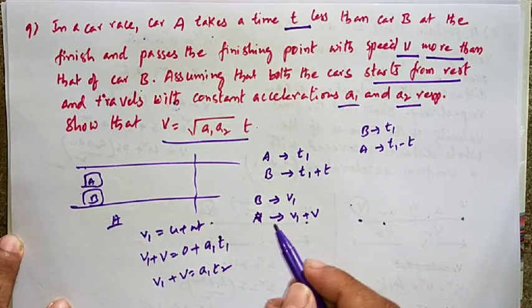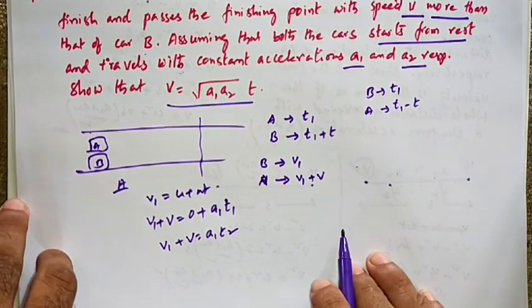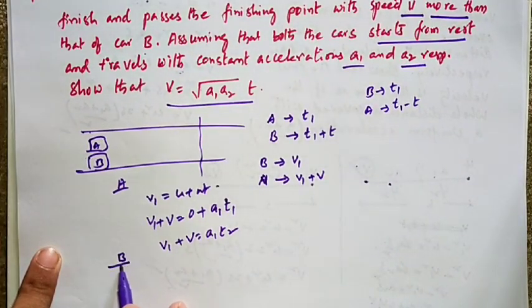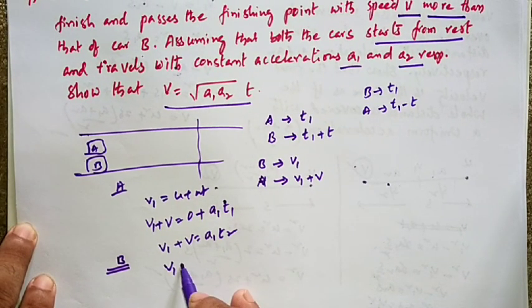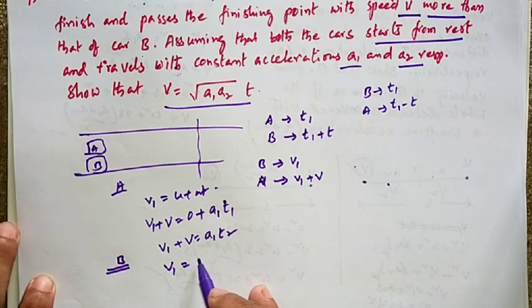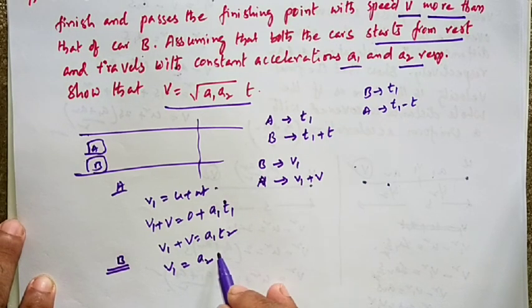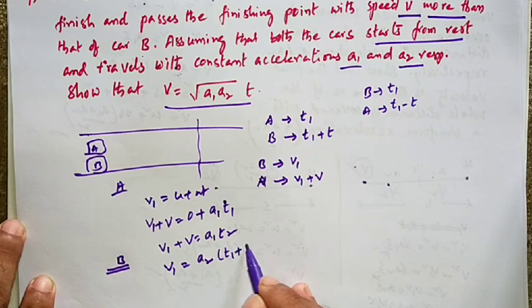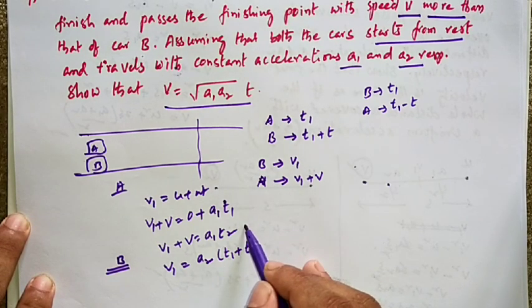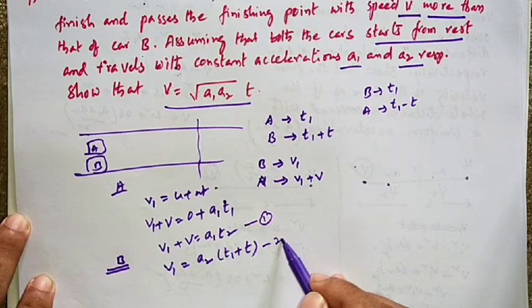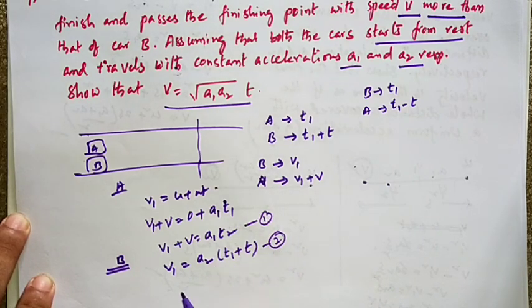Now what about car B? For car B also you write, Nana. For car B, that is same, v is equal to u plus at. v1 is equal to 0 plus at, a is a2. How much time has car B taken? t1 plus t. Clear? So that v1 is equal to a2 into t1 plus t. From these two equations, this is 1 and this is 2, what do you get? You eliminate v1 from these two equations.